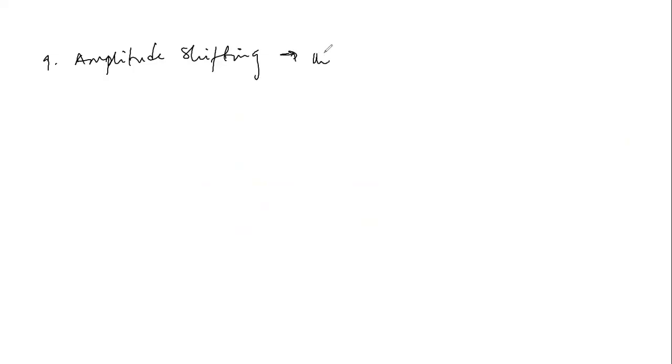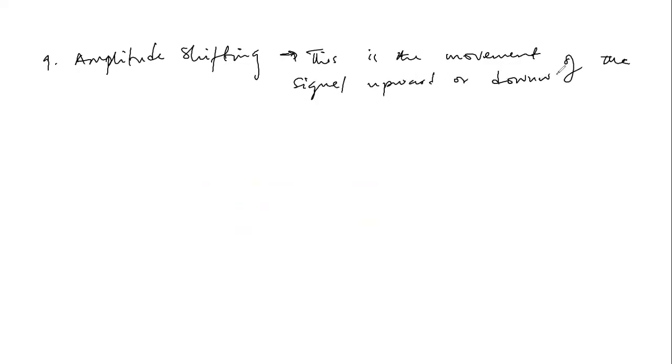So this is the movement of the signal upward or downward. So in other words, we add a parameter, a DC component, to the signal.